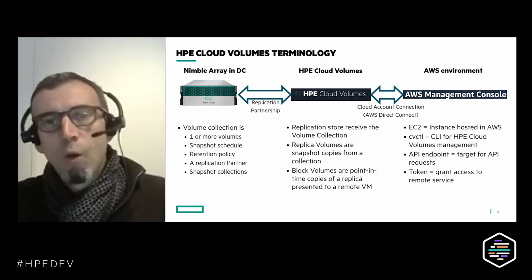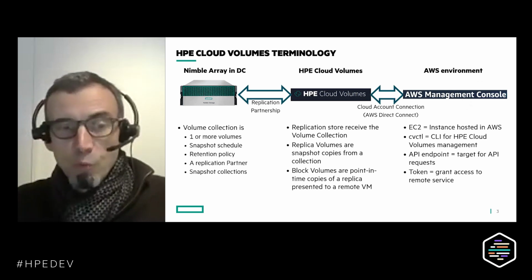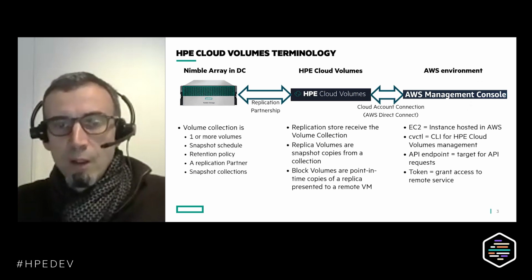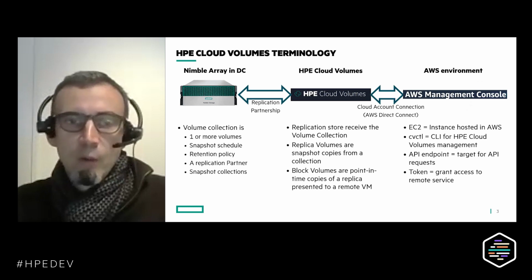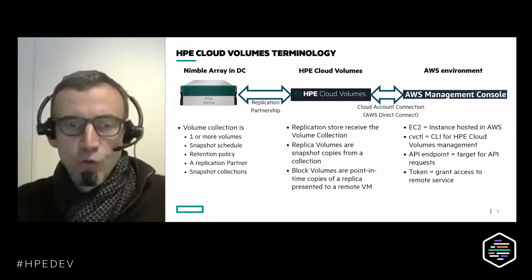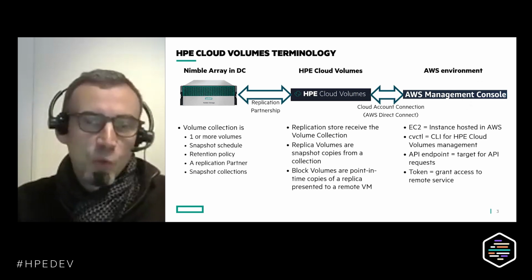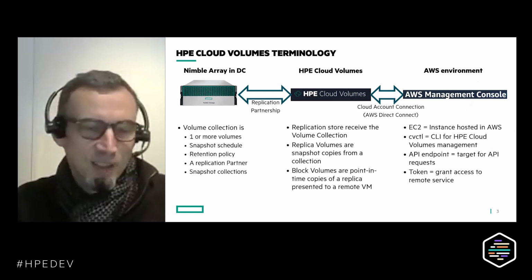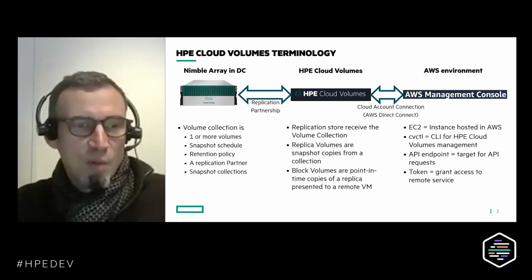There are some reasons why we work with AWS. One of the major ones is because when you present a volume to an AWS environment, you get it for free, while when you use the equivalent of AWS Direct Connect with Google and Azure, you have some fee applied. So for demo purposes, obviously my manager told me, pick the free version, and that's why I use AWS. But it's also the leader on the market, so it makes sense.